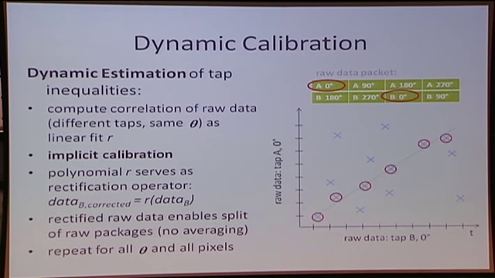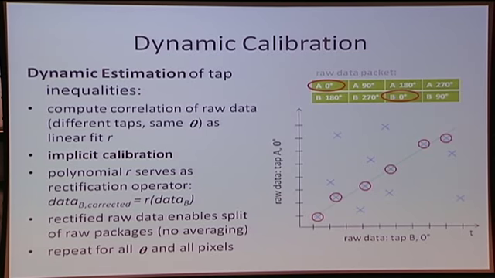So this rectification then can be done just by evaluating the polynomial with data acquired by the tap B. And what we get is rectified data. So we have a measurement acquired with tap B, put it into the polynomial, get out some data, and this data corresponds to the data which would have been acquired with tap A if the same input would have been present.